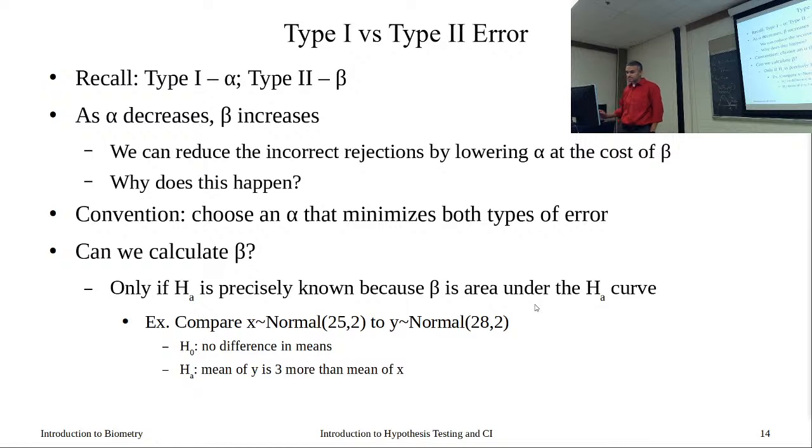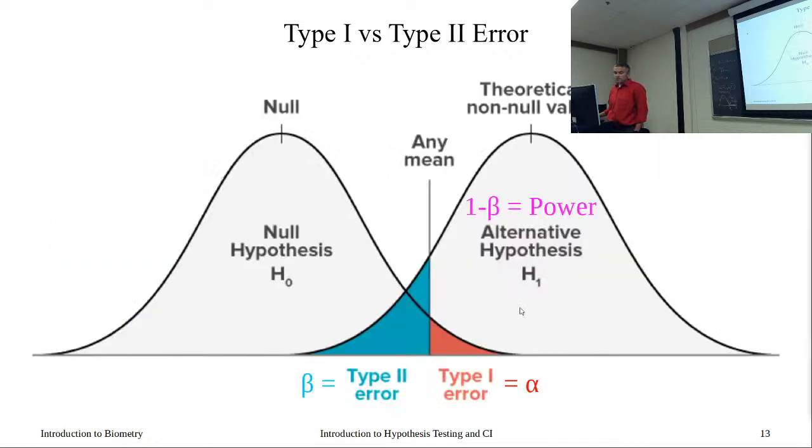All right? So if we increase alpha, so we increase the chances that we're going to commit one of these type 1 errors, we're going to decrease our beta, the type 2 error. If we reduce our type 1 errors, we increase our type 2 errors. So they're related. We can't think of them separately. So this 5% is supposed to be a balance between our type 1 and type 2 error rates.